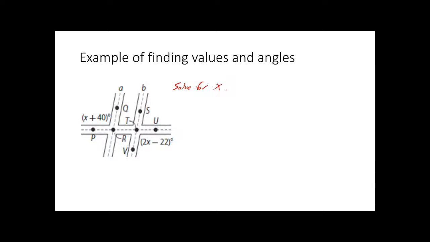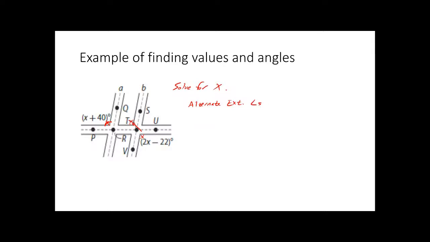What do we know about these two angles? This angle here, 2x minus 22, and this angle right here. Well, vertical angles would be the same. And wouldn't this angle right here be congruent to this angle right here? So by the transitive property, this angle right here should also be congruent to this angle here. These are actually alternate exterior angles.